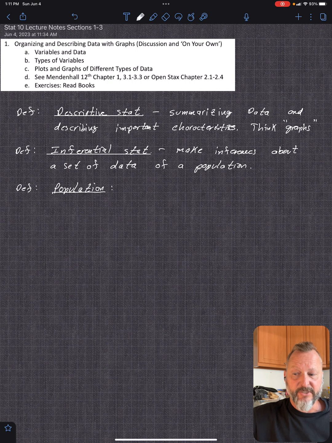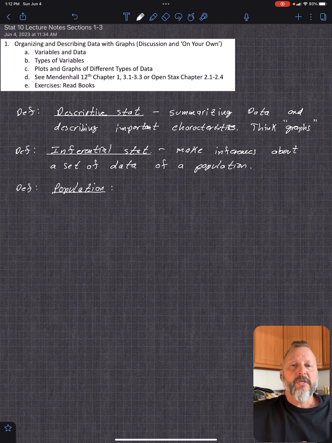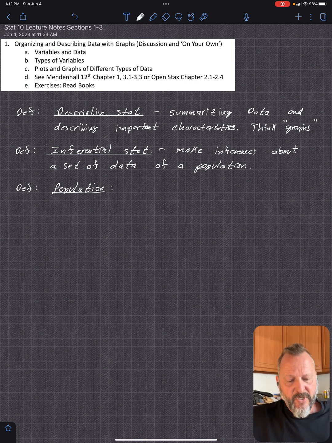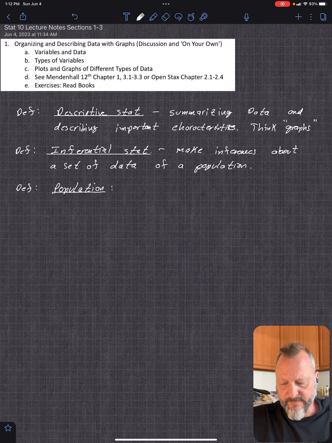So the population for students might be just Chaffey College, or it just may be high school students at a certain school. So it's really important to define or state when you're doing these research projects and stating data about something, what the population is, what you're referring to.